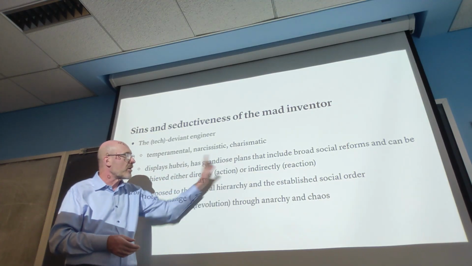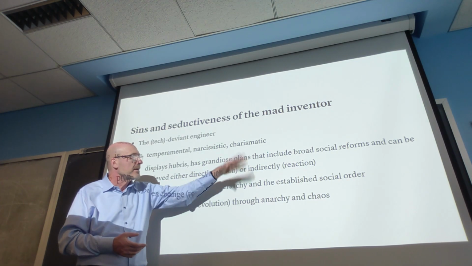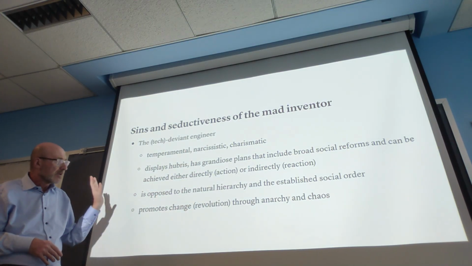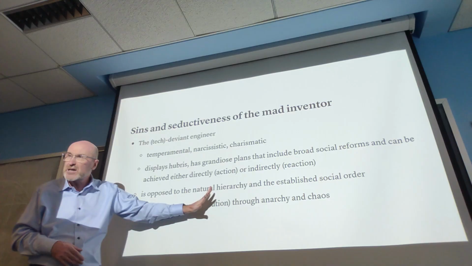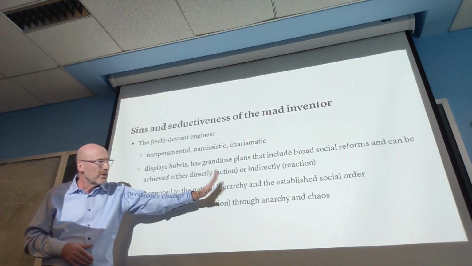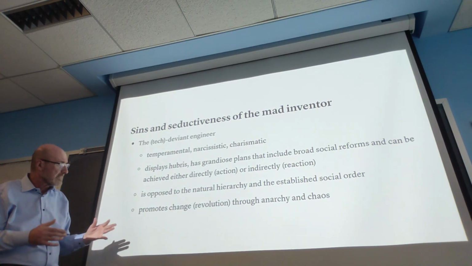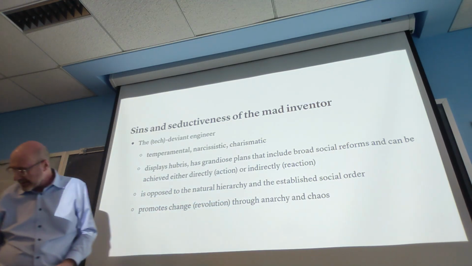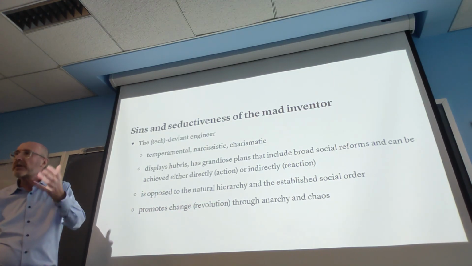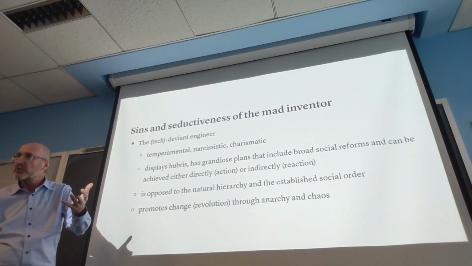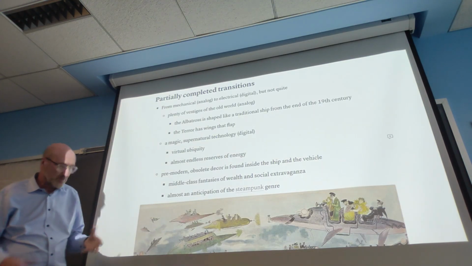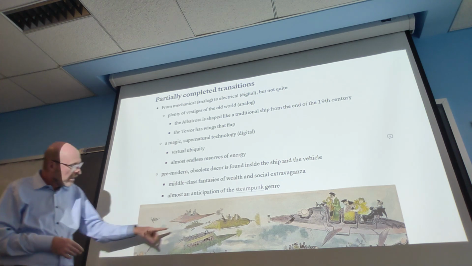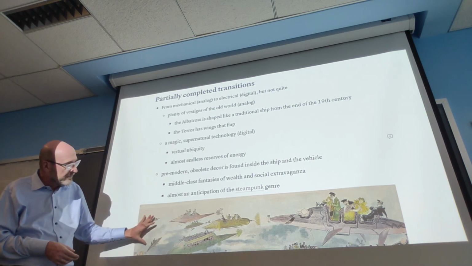There are always some kinds of plans to change the world in one way or the other. The character is opposed to the regular authorities of the world as it is set, and anarchy and chaos come with it. Again, you find that in evil guys from Spider-Man movies to 007 to, of course, Dr. Evil in Austin Powers.